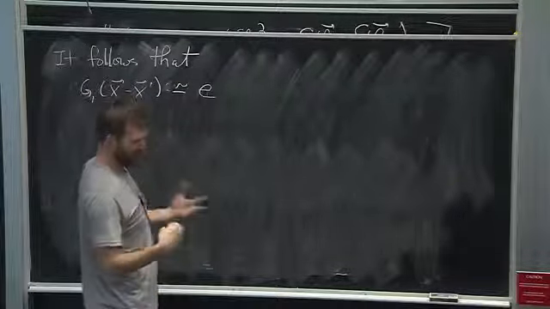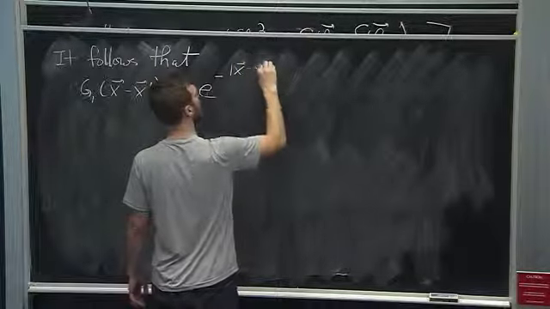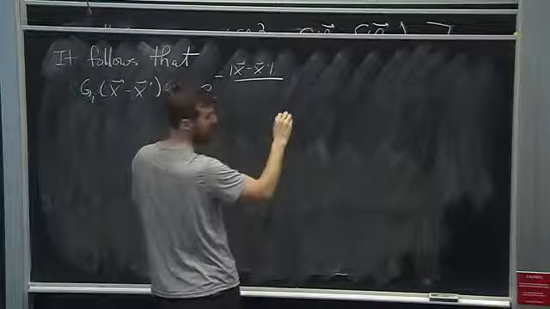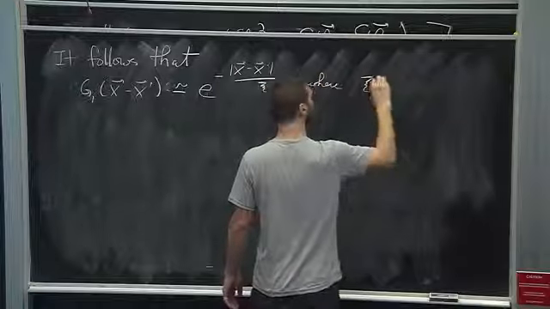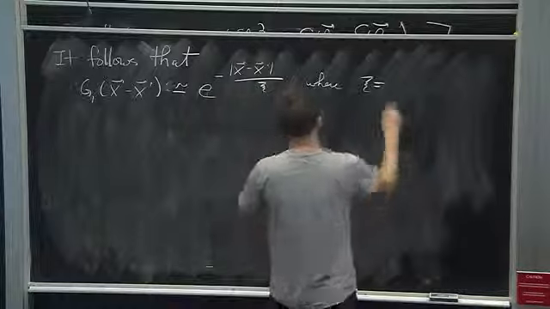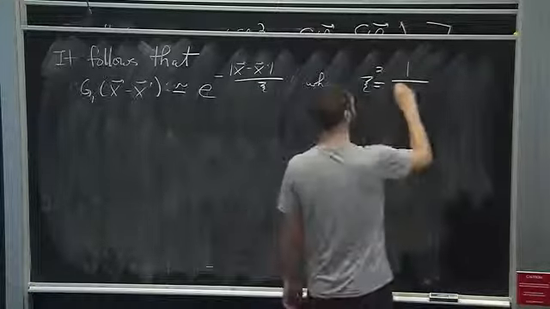So the dominant term here, because you're away from criticality, I can write it like this. For my correlation length, it's 1 over 2r.